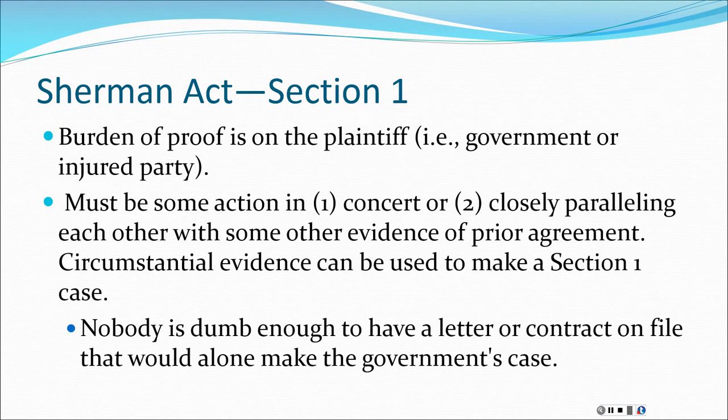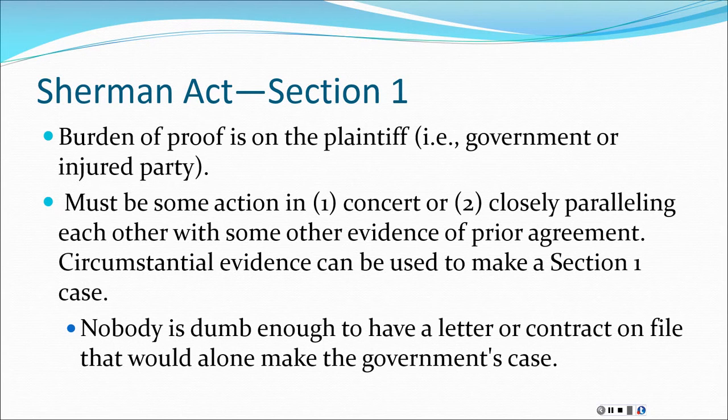Now, reality is that circumstantial evidence can be used to make out a Section 1 violation case. There is not going to be a contract or an agreement written down and signed by the parties in one file copy or in duplicate originals, agreeing to violate the law. Nobody's that dumb.